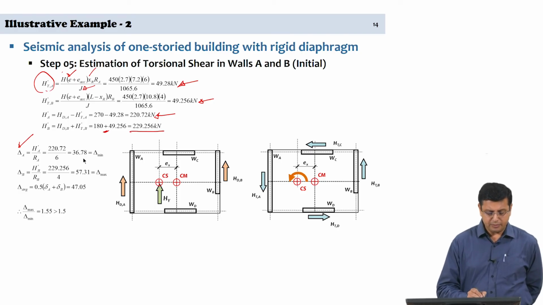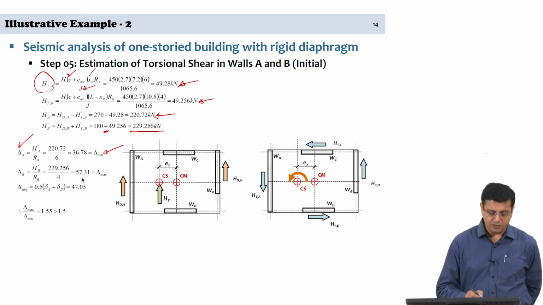So, the estimate of the minimum displacement is there. Wall A is stiffer than wall B, and therefore, delta A would be delta minimum and delta B would be delta maximum.